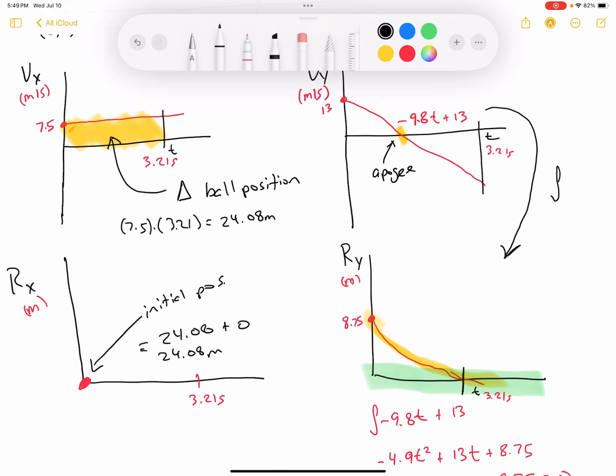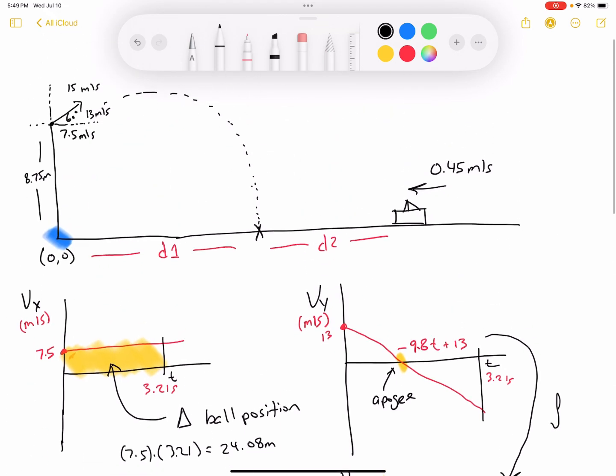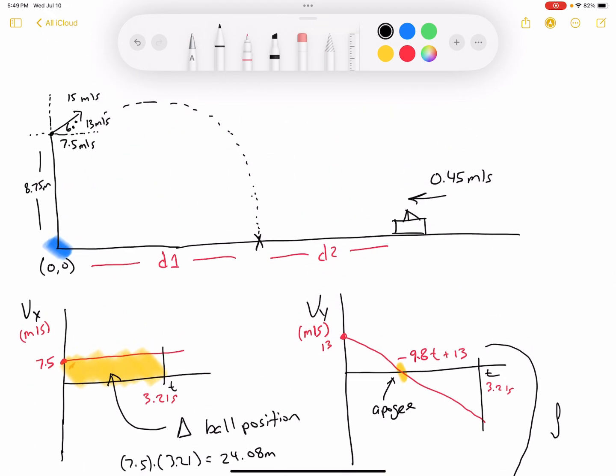So we now know that this D1 is 24.08 meters, which is great. And we know the time. It takes 3.21 seconds to hit the ground, and in that 3.21 seconds, the ball has traveled 24.08 meters in the x-axis.